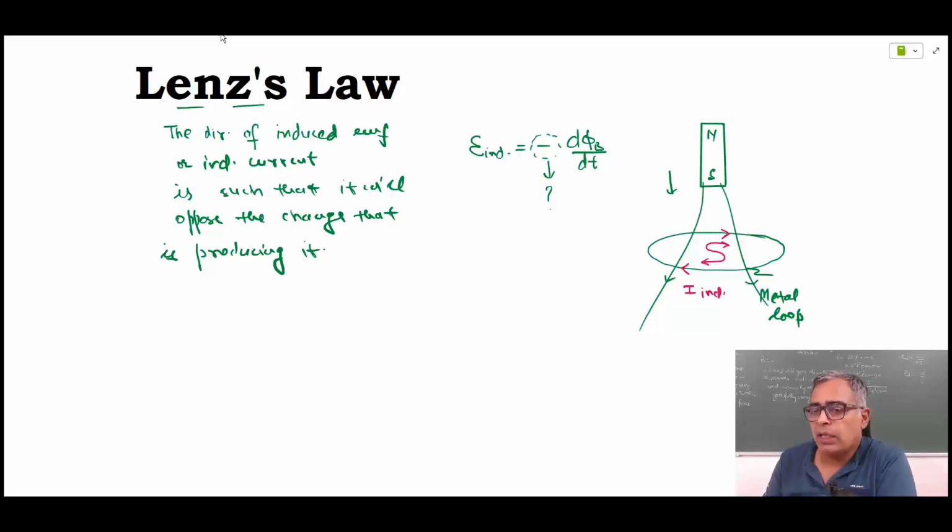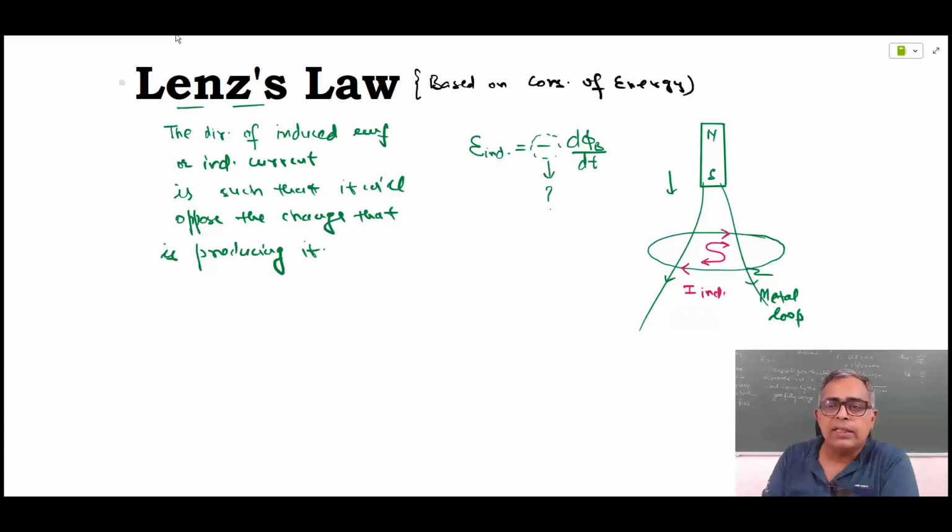The EMF that will get induced in the loop is basically the work done per unit test charge. So that EMF has appeared due to the work that you are doing. From here we can infer that Lenz law is based on conservation of energy.